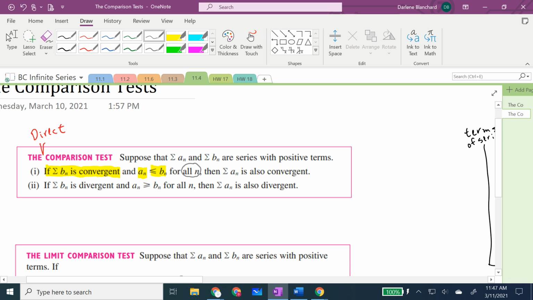The inequality doesn't have to hold for the first few terms. So it's for all n as you head to infinity, not necessarily the first few. Okay. But anyway, that's necessary to be able to say convergent. But divergent, you'll see the inequality is the other way around.